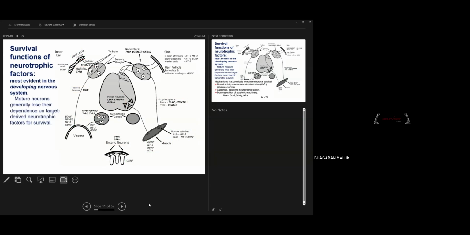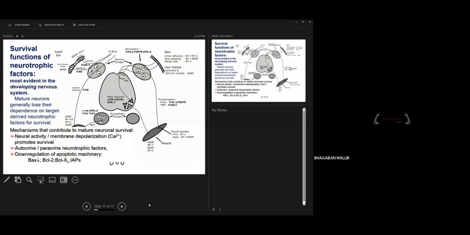But when they mature, whatever I talked about in the diversity, that is the very young stage of development. In the young stage, you express multiple receptors, multiple neurotrophins. But when they mature, they lose their targets. Then how will these neurons survive?